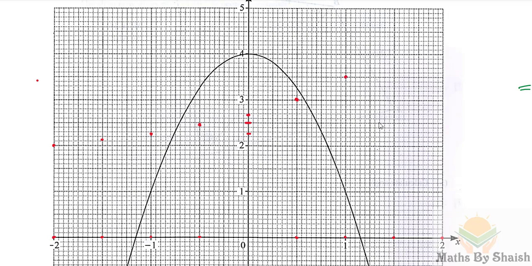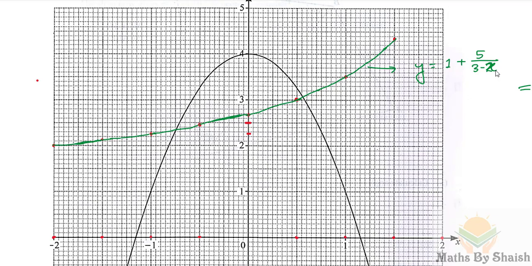At 1.5, it is 4.33, so that would be somewhere here. Now let's join these points. So this is the graph. It should be smooth. That is the graph of y equals 1 plus 5 over 3 minus x. So I hope it is clear.